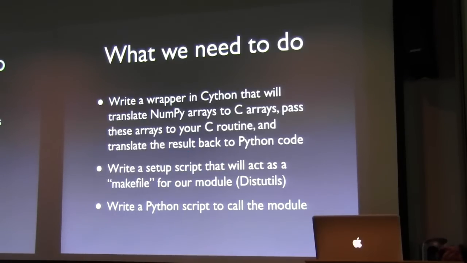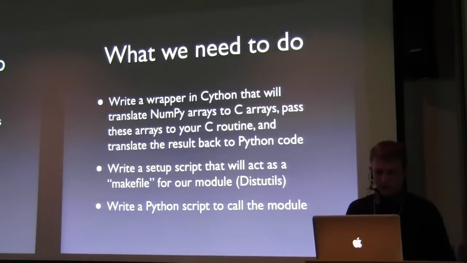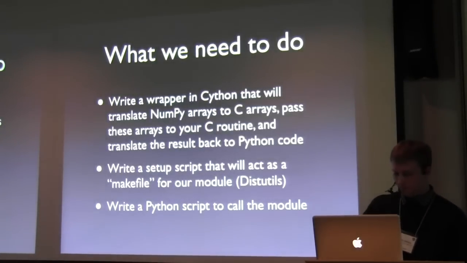This is done by something called distutils. I know I'm talking about a lot of stuff here, so the basic idea is just to provide you with the basic information and the examples, and if this is something you'd like to do, you can. This provides a platform to start exploring it in more detail. And then you'd write your Python script to call the module.